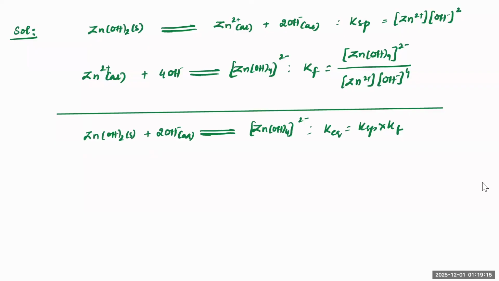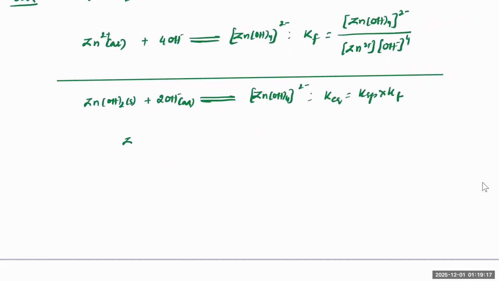So I can write Zn(OH)4 2 minus concentration divided by OH minus whole square, because the solid's factor is anyway 1, equal to Ksp multiplied by Kf.